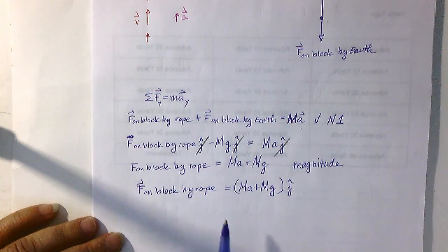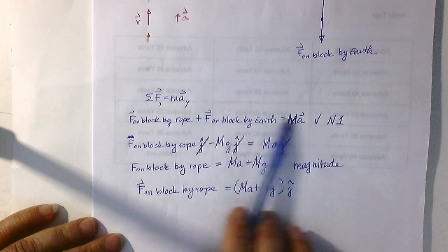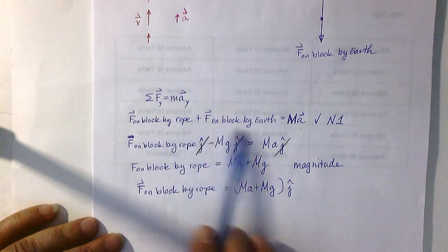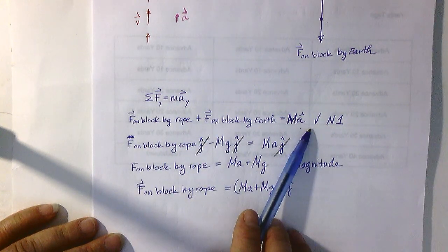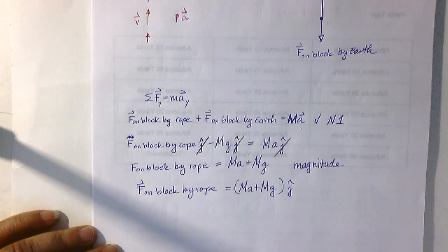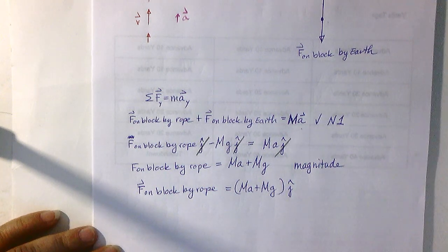Now again, some of you may be saying, wait a minute, could you just solve this equation for force on block by rope and just take this to the other side and then substitute? Yes, you can. But like I said before, I want to go through all of the steps that you are going to need to do for the more difficult problems.